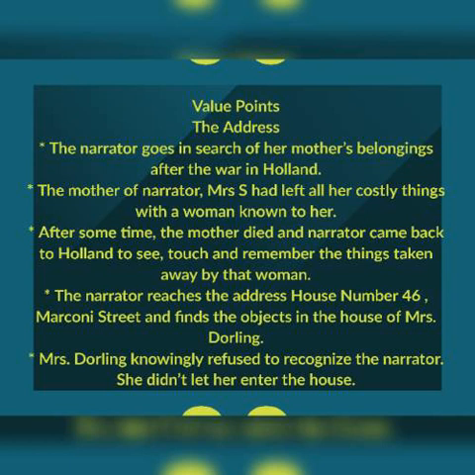After some time, the mother died and the narrator came back to Holland to see, touch and remember the things taken away by that woman. The narrator reaches the address, house number 46 Marconi Street, and finds the objects in the house of Mrs. Dorling. Now Mrs. Dorling knowingly refused to recognize the narrator and she did not let her enter the house.